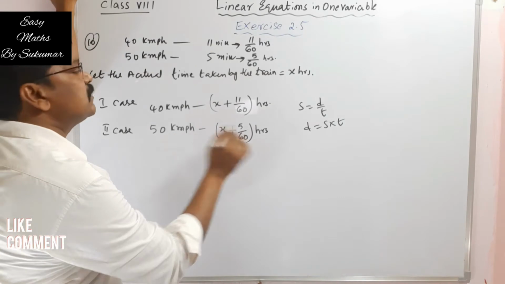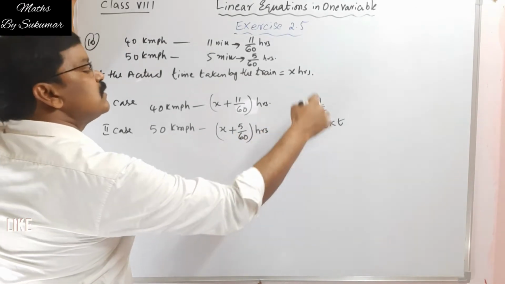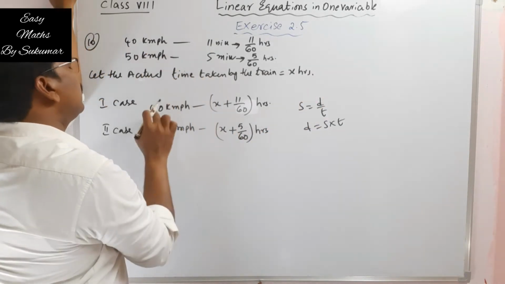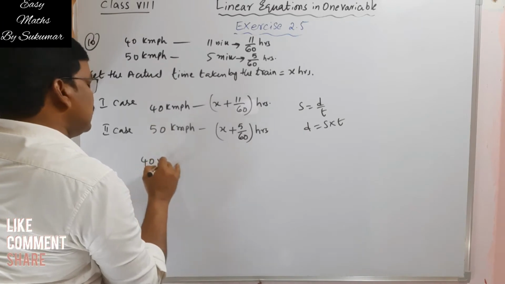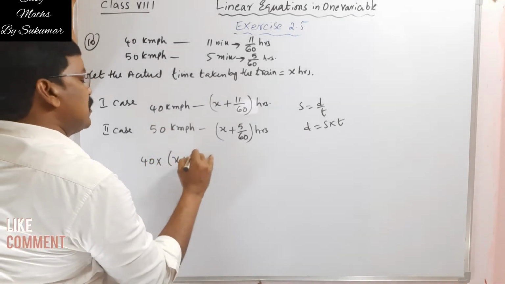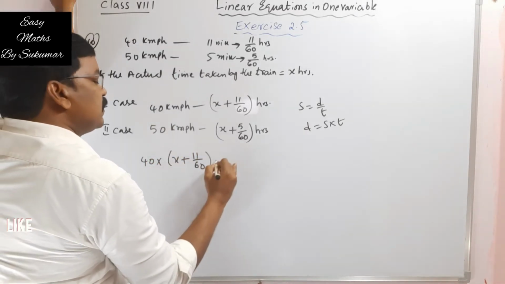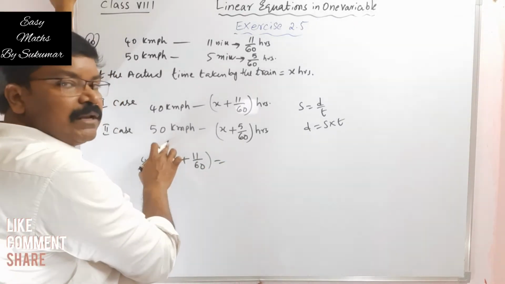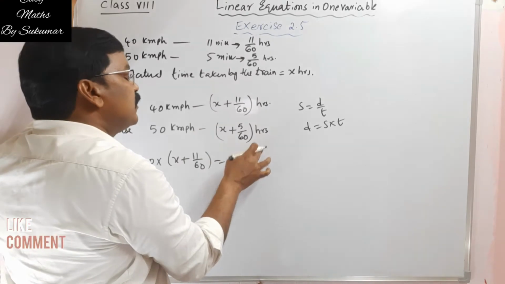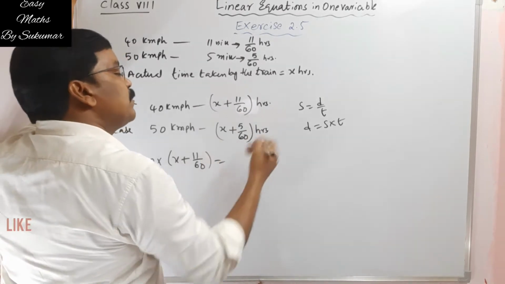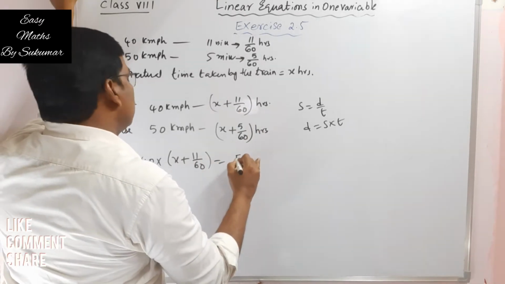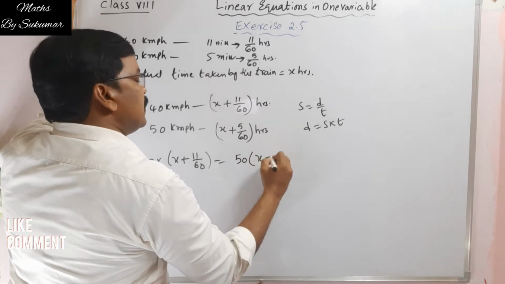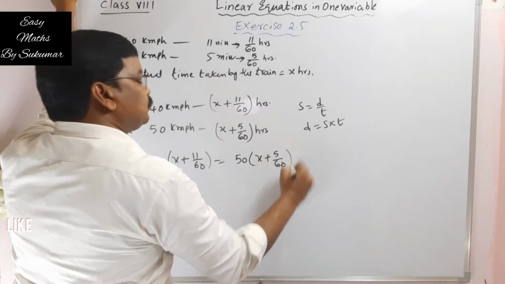Now, see, my dear students, actual distance means speed into time. Here the speed is 40 times x plus 11 by 60. Here the speed is 50 km per hour, and the time it will take is x plus 5 by 60. That means it is equal to 50 times x plus 5 by 60.